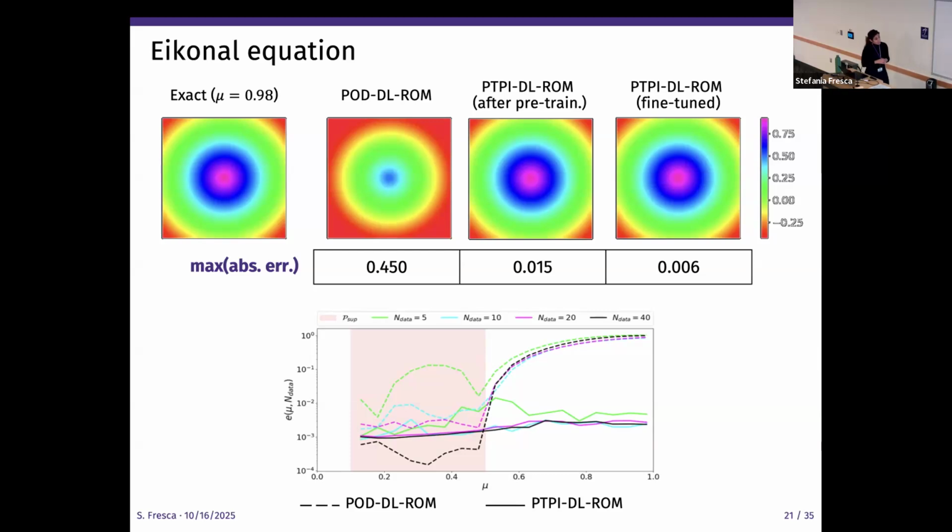Then, in the extrapolation regime, POD DL-ROM simply diverges. PTPI instead is able to preserve a constant testing accuracy over the entire parameter space.